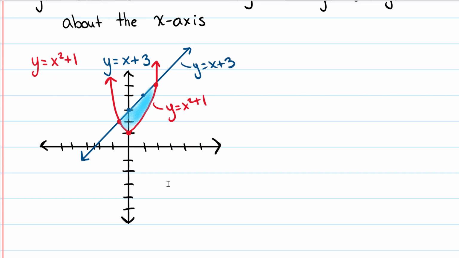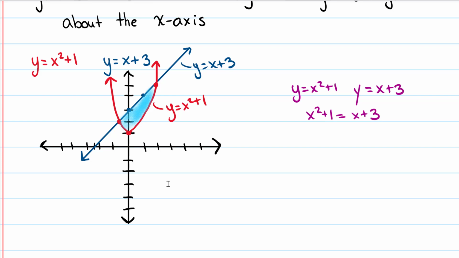Now graphing will give you approximately the intersection points, but we want to determine what they actually are. And so we get that y is equal to x squared plus 1, and y is equal to x plus 3. So we set those equal to each other. We get x squared plus 1 equals x plus 3.